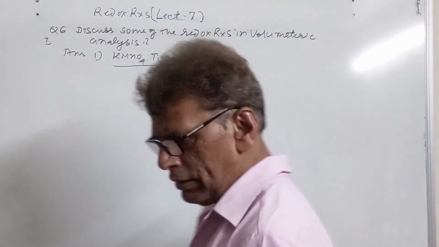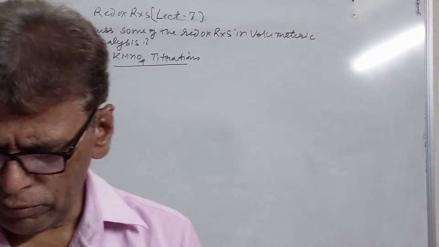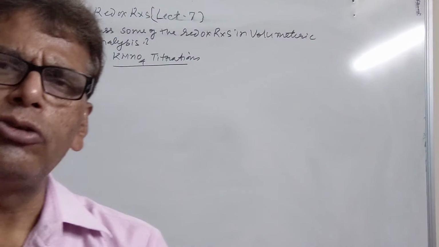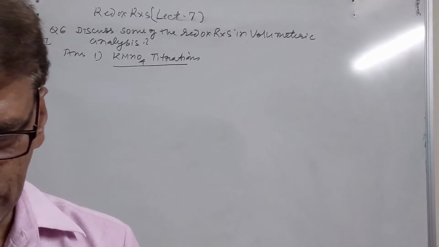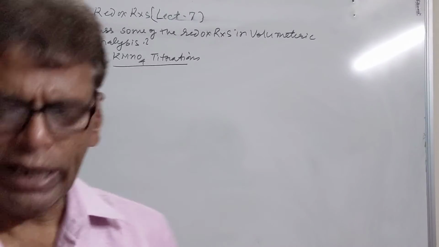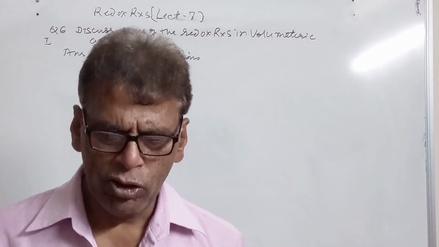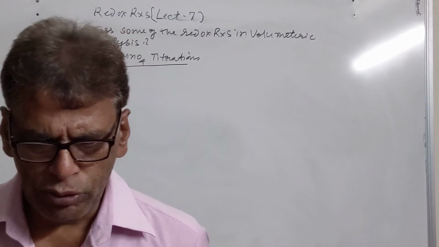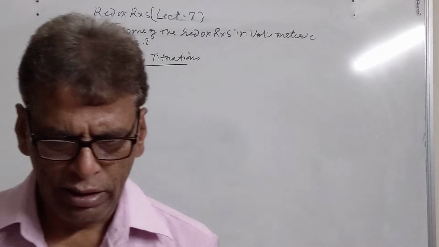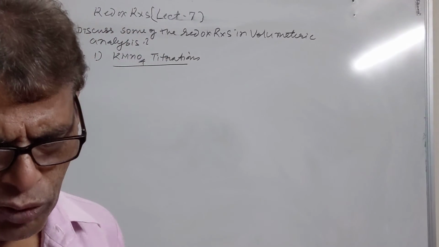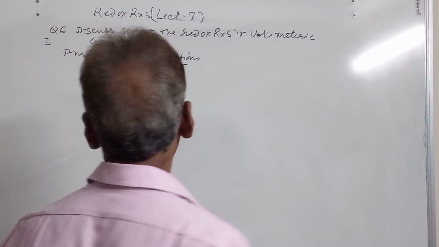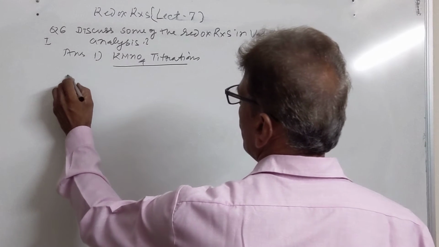In these titrations, they are carried out in the acidic medium. We are using the solution of the reducing agent in the titration flask, and we add sulfuric acid to it to perform the titration, and then we add KMnO4 from the burette to these solutions to carry out the reaction. Let us first see the oxidation of oxalic acid by KMnO4.